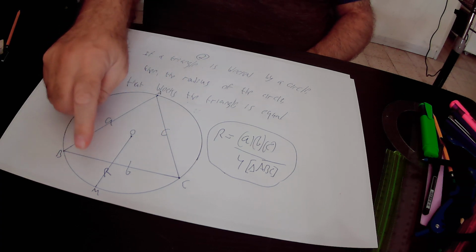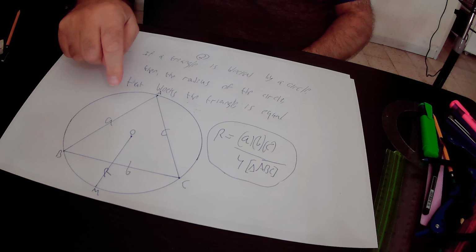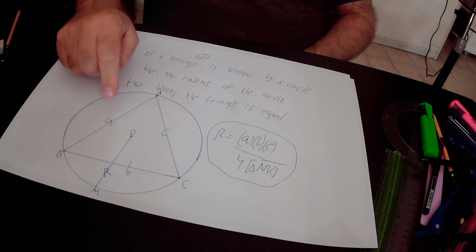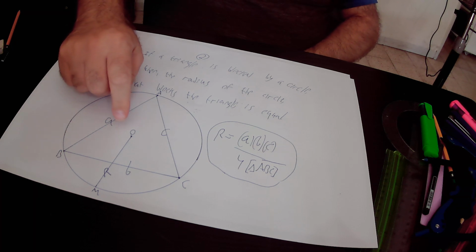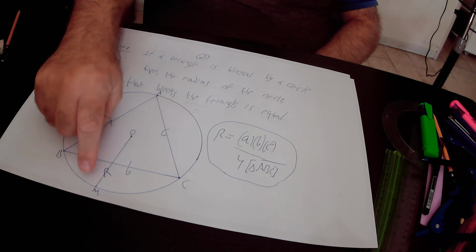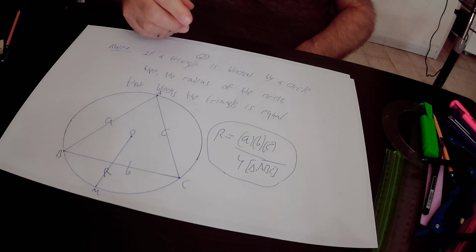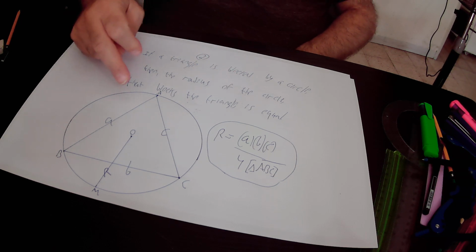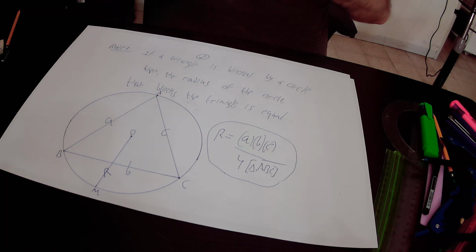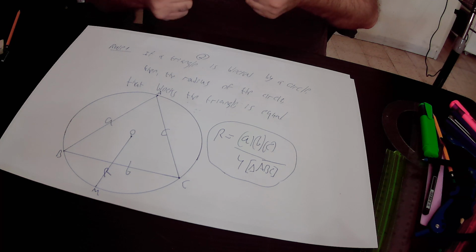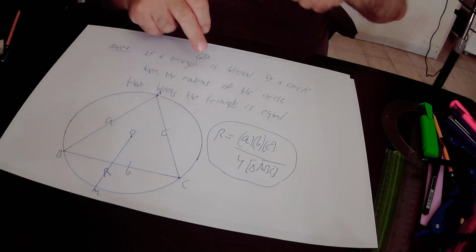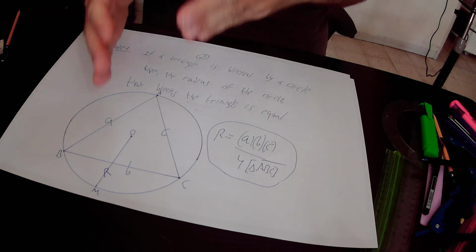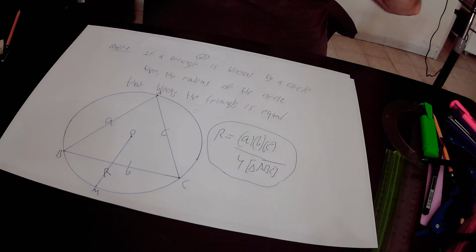Then the radius of the circle that blocks triangle ABC, if we define the radius OM as capital R, then capital R will be equal to A times B times C, the multiplication of the side lengths of this triangle, over 4 times the area of triangle ABC that is blocked by the circle.